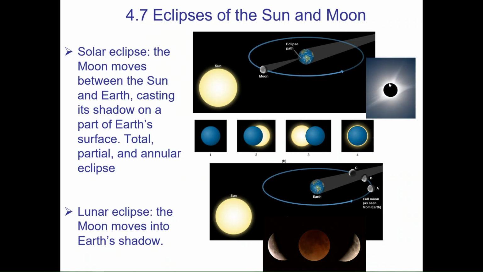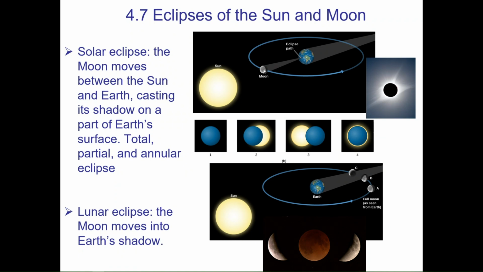When you can see the disk of the sun, you will not be able to see the corona, because it covers a large area but is very dim compared to the disk of the sun. So that is what the total solar eclipse looks like: the sky will suddenly become dark for a few minutes.